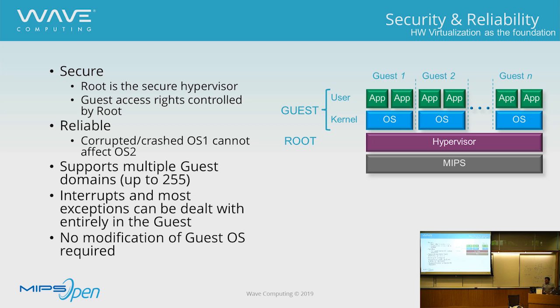If for any reason one of the operating systems is corrupted or hacked, the hypervisor or the root can initialize, reset, or reboot that particular environment without affecting the rest. So if you're seeing misbehavior, as an example, guest 1 has been hacked and is trying to access the resources of guest 2.